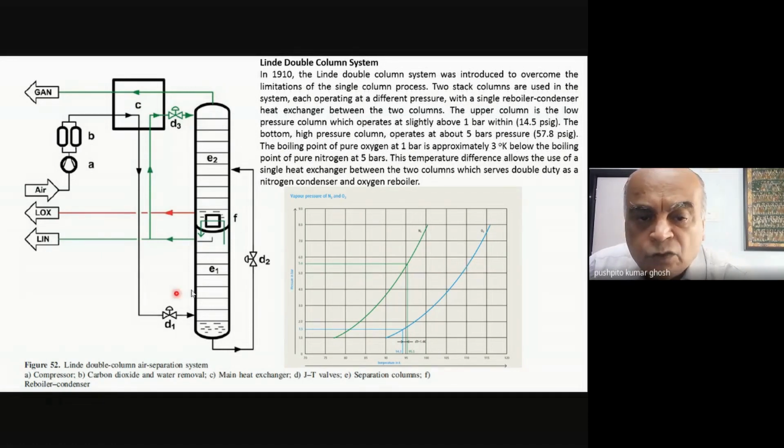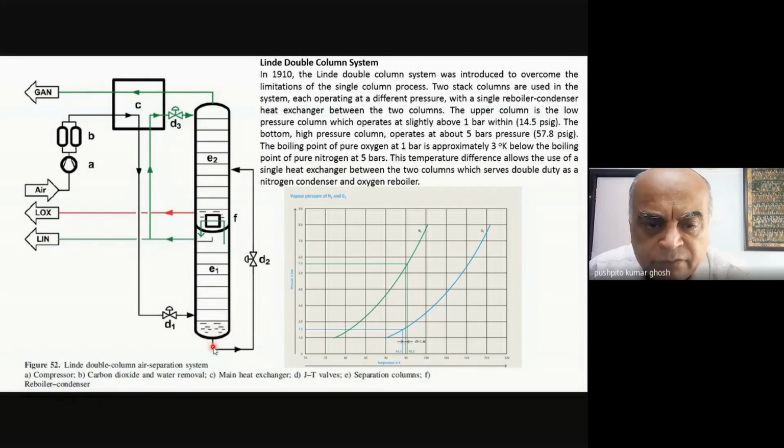So you will have predominantly oxygen at the bottom, liquefied, and closer to the top, you'll have more nitrogen, naturally, because nitrogen has a lower boiling point than oxygen. This is predominantly oxygen, but not entirely. There will be, of course, some amount of nitrogen, because I'm not really doing a complete separation here.